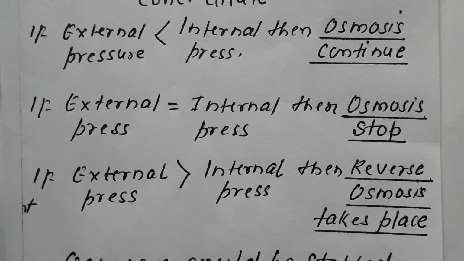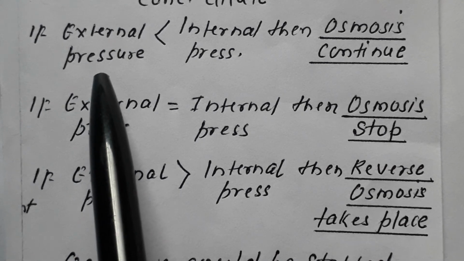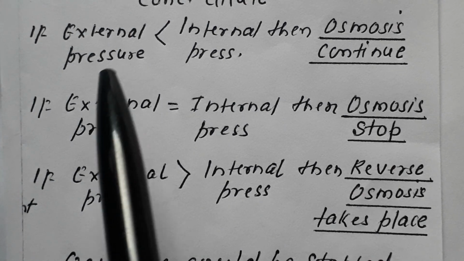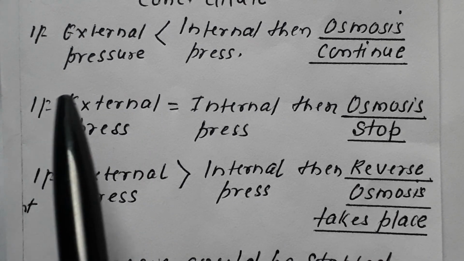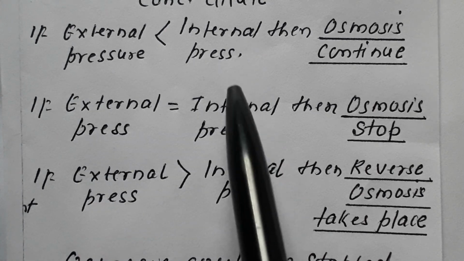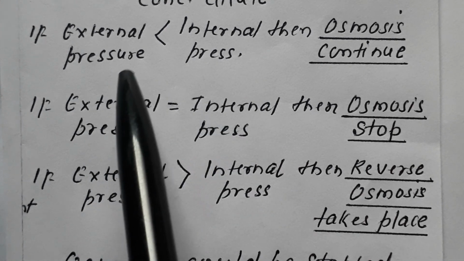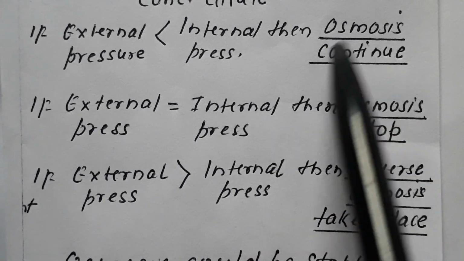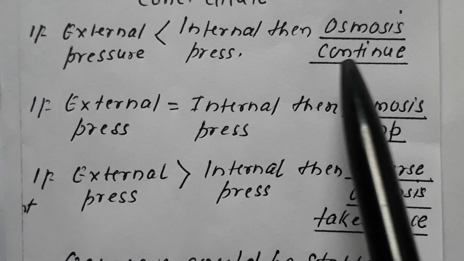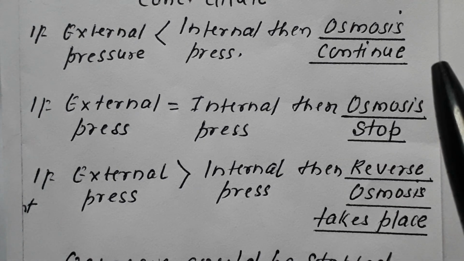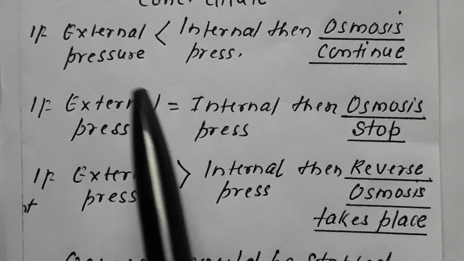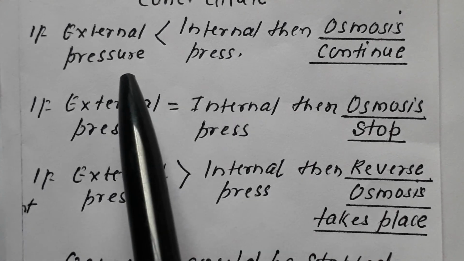Now, very important with respect to the examination: if the external pressure is less than the internal pressure, or there is no external pressure applied, then it is the normal case and osmosis continues. That is, movement of solvent particles from dilute to concentrated solution will continue.